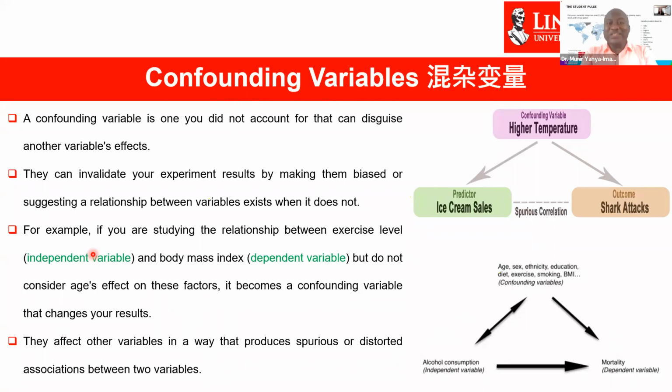For example, if you are studying the relationship between exercise level, which could be your independent variable, and body mass index, BMI, which could be your dependent variable, but do not consider age effects on these factors, it becomes a confounding variable that changes your results. They affect other variables in a way that produces a spurious or distorted association between two variables. That's what confounding variables actually do.